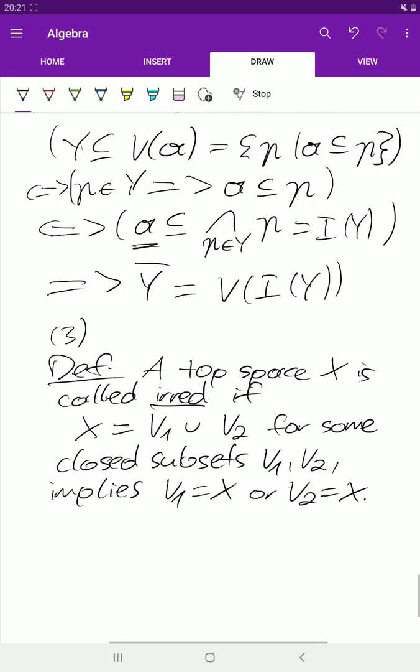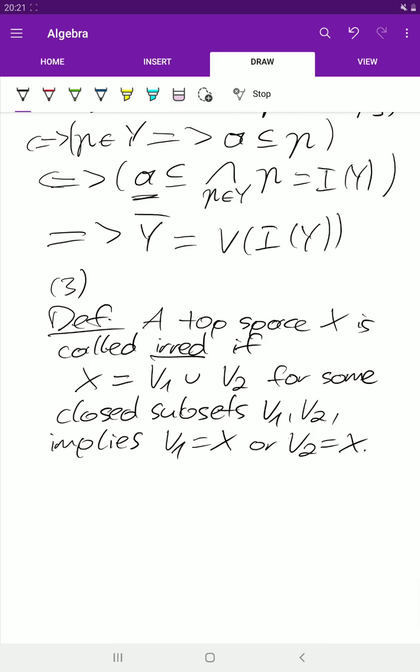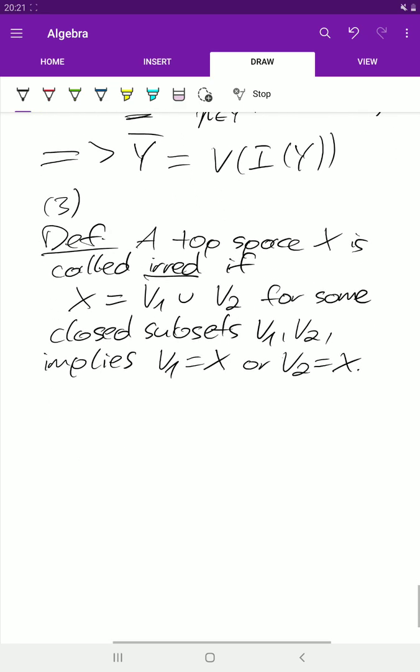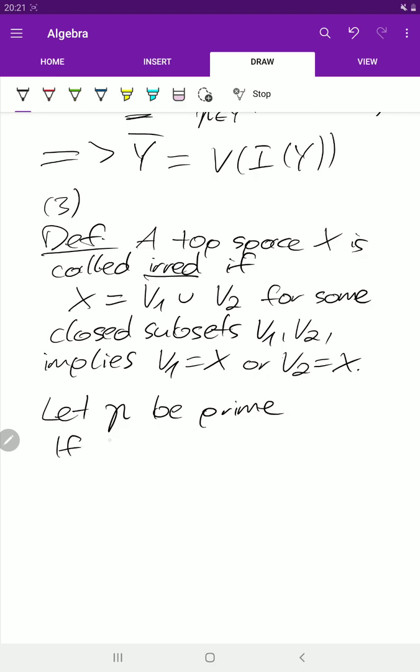Okay, but for now we just need this, and we'll stick with that definition. So let's take a prime ideal, let P be prime, and now assume that V of P, so we know what the closed subsets in the Zariski topology are, so we can just assume that it's some V of A1 union V of A2.